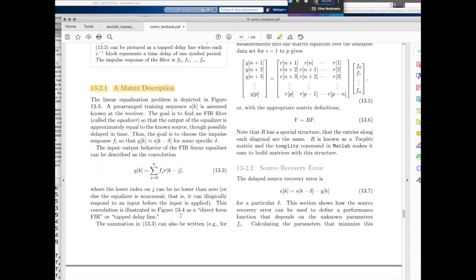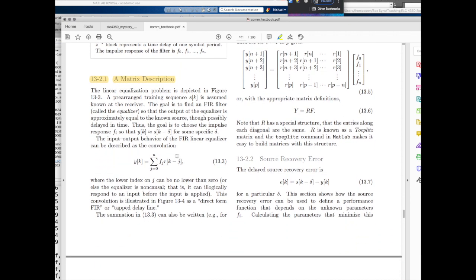Okay, so here's the idea. We're going to do an FIR, which stands for Finite Impulse Response. Those of you who've had DSP know about FIR filters. But if you haven't had DSP, that just means we have a finite number of terms in a digital filter. And so the equation of the filter is really simple.